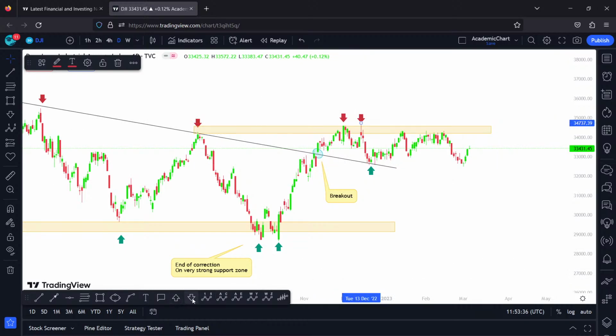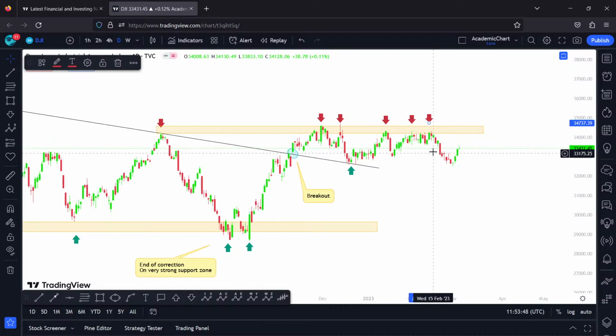But then we are also seeing that it is still reacting to this level. Again, I can draw more arrows and more arrows here, just saying that it is a very strong and stable resistance zone.